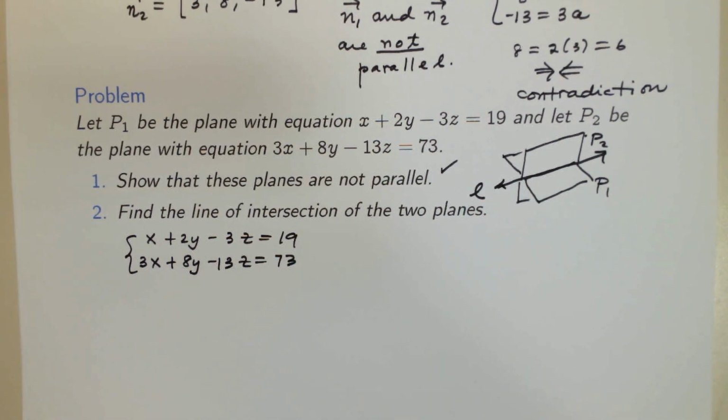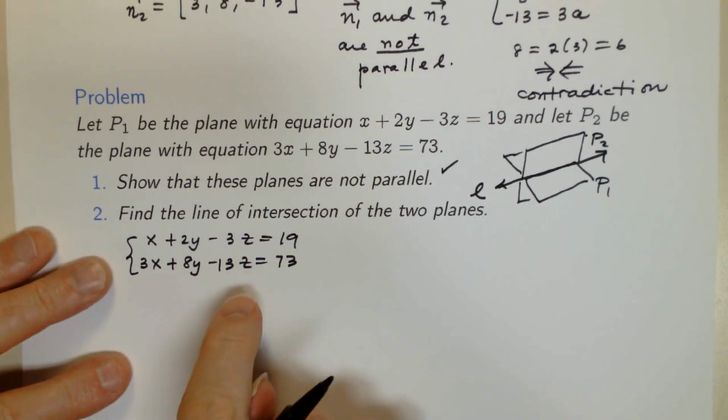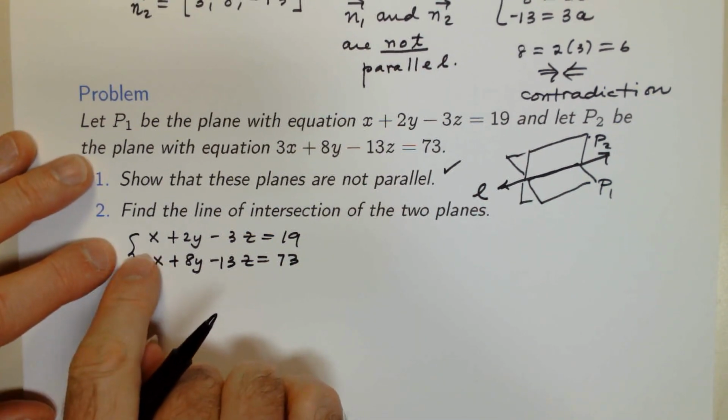Now, we're going to have much better techniques for doing this by the time we get into chapter 2, but for now, let's match coefficients and add and subtract these equations to try to drop one of the variables out, and we'll see that that works rather successfully in this case. So I think a winning strategy here is to pick on this x.